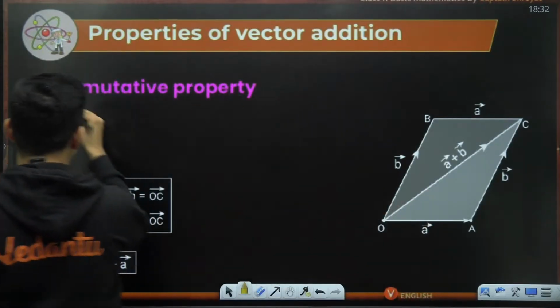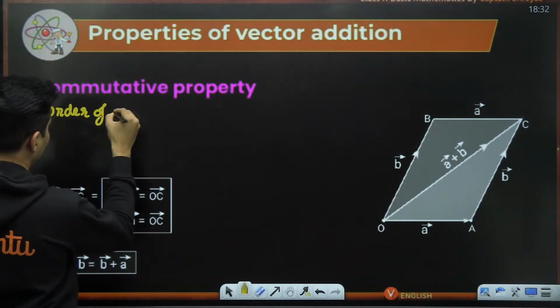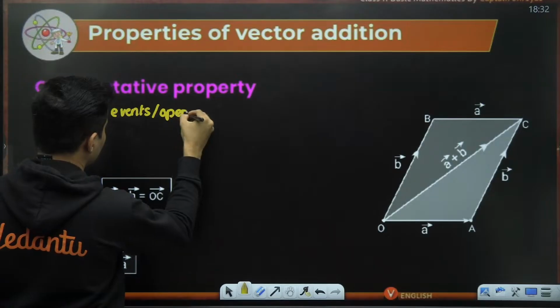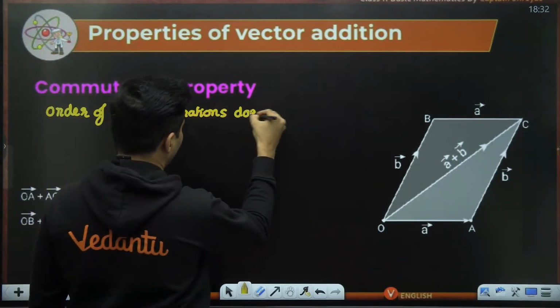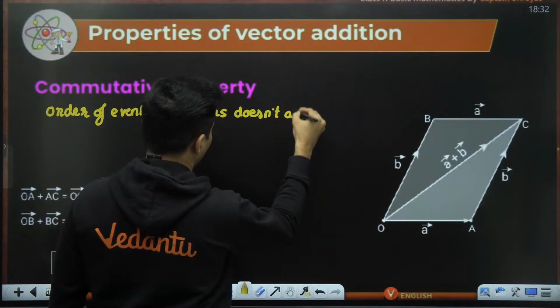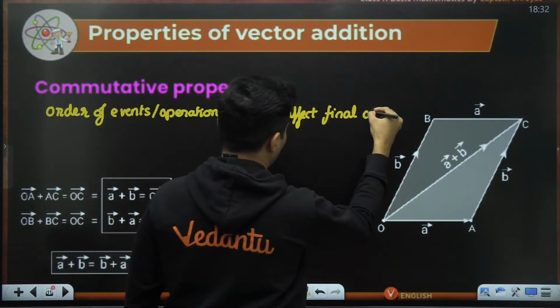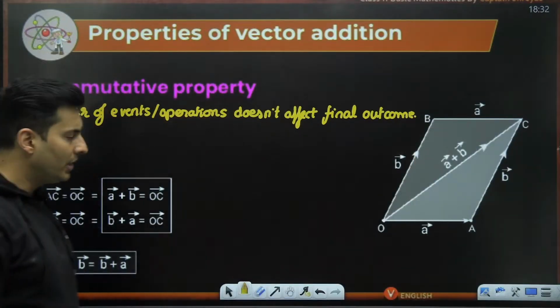So commutative property means the order of events, or basically the operations, the order of operations doesn't affect the final outcome. Such a property is said to be commutative property.